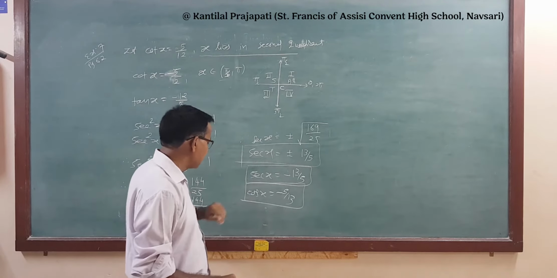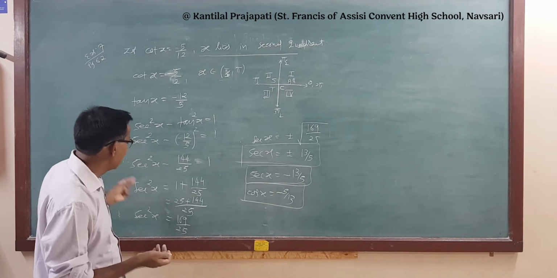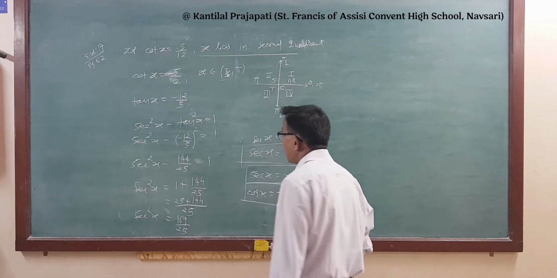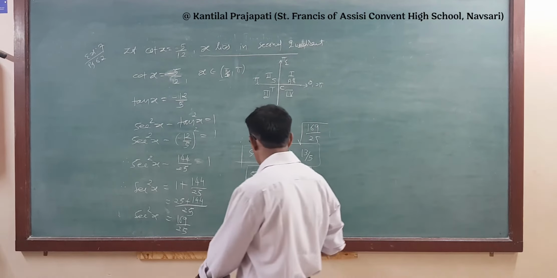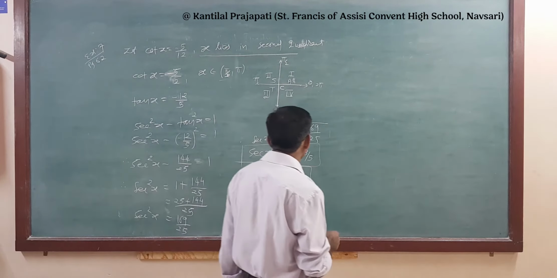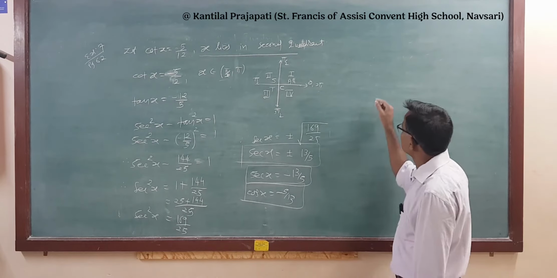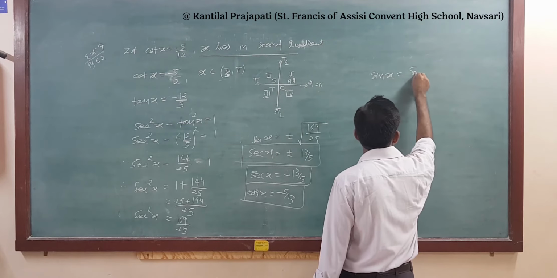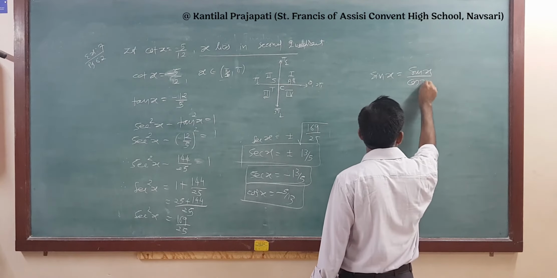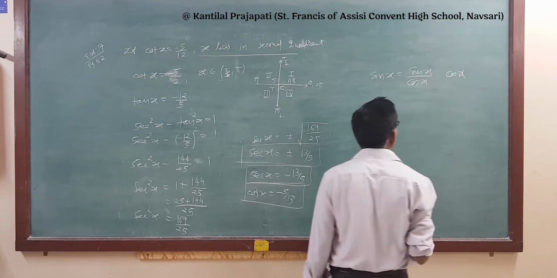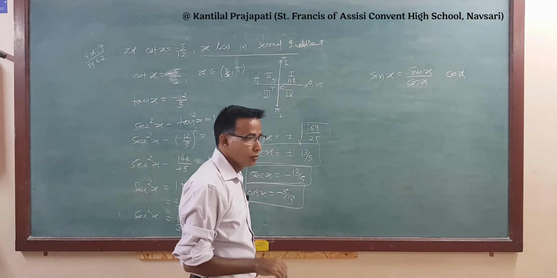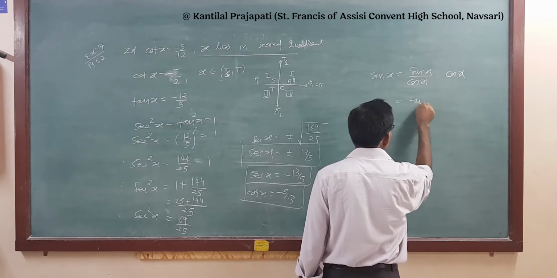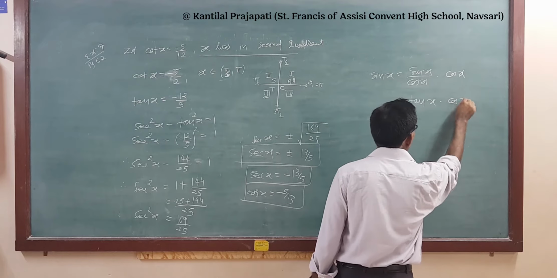Now what remains? Cot x is given, tan x we have found, sec x we have found, cos x is also found. Now we require only sine. Sine x is also written as sin x upon cos x into cos x. Then sin x is written as the product of tan x into cos x.